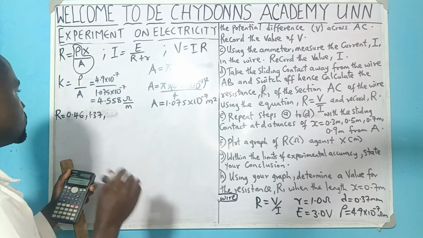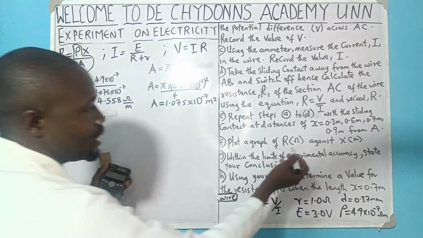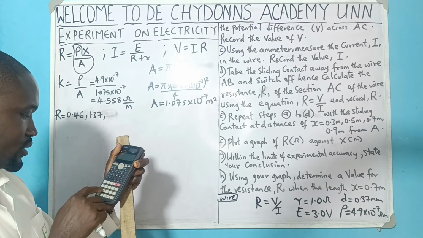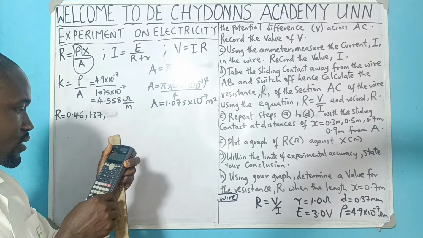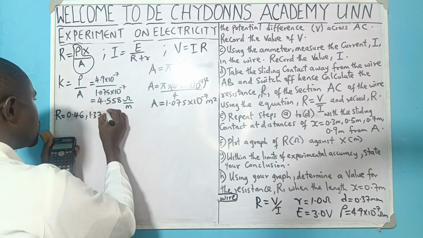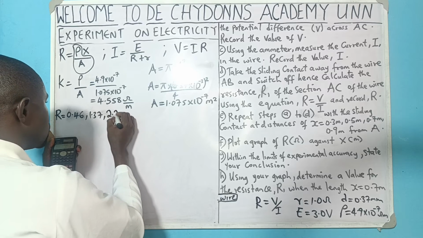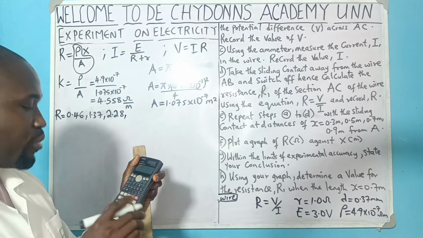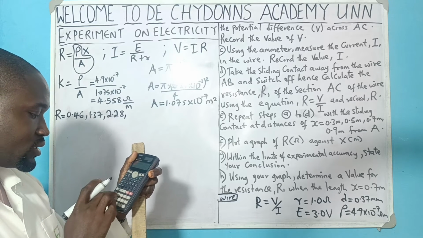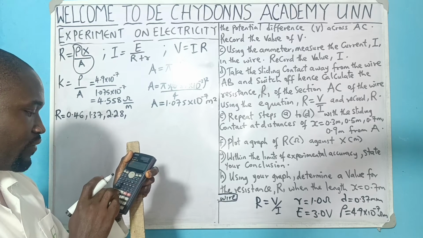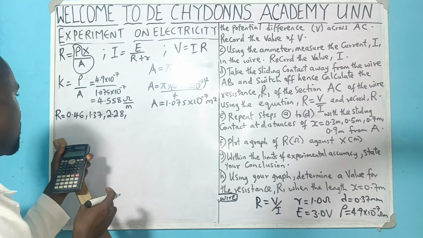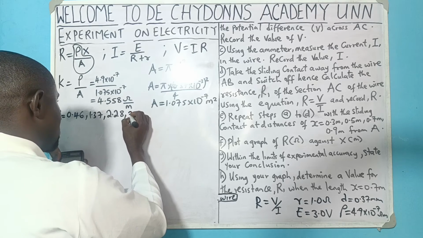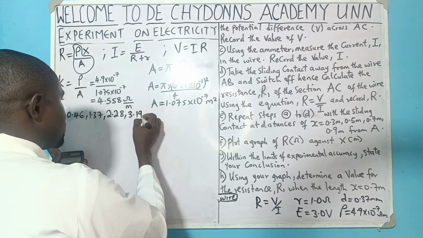Then check again. When S is 0.5 times 4.558, that will be giving you 2.28 ohms. We do the one of 0.7 times 4.558, that will be giving you 3.19.